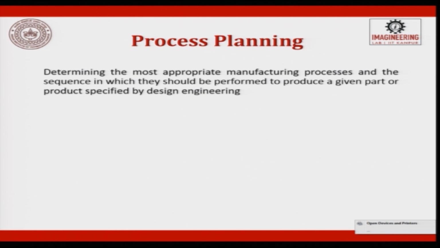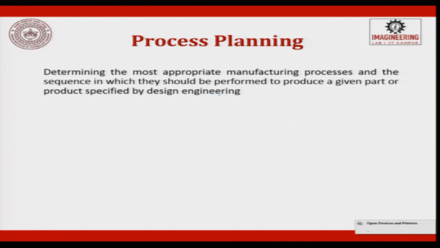Now, let us see the definition of a process plan. A process plan is nothing but determining the most appropriate manufacturing process and the sequence in which they should be performed to produce a given part or product specified by the design engineer.